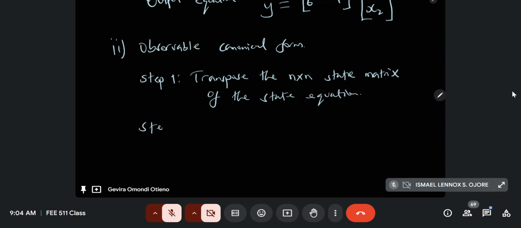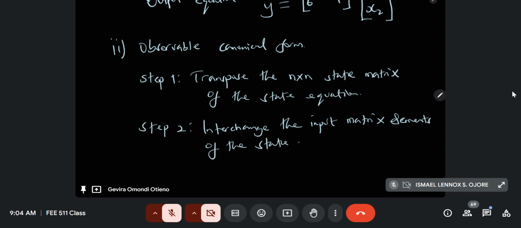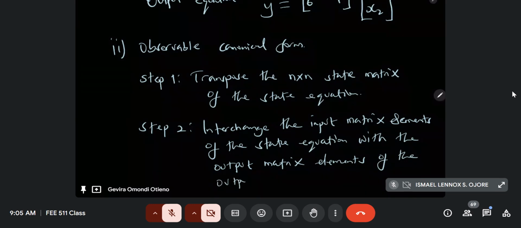And then step number 2, very simple: you have to interchange the input matrix elements of the state equation with the output matrix elements of the output equation. It's a mouthful, but the interpretation is very simple. That's why you have to know these matrices.